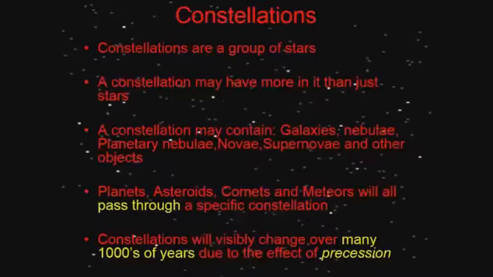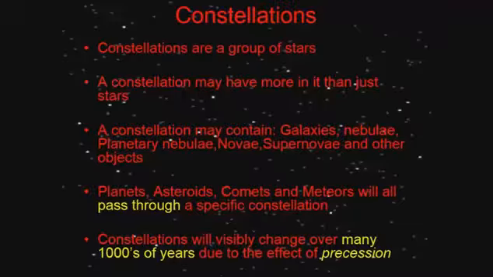So constellations, they're a group of stars, and your constellation can have more than just stars in it. So a constellation, because it has a border, can contain galaxies, nebulae, planetary nebulae, supernovae, things like planets, asteroids, comets, meteors. They will pass through a specific constellation.